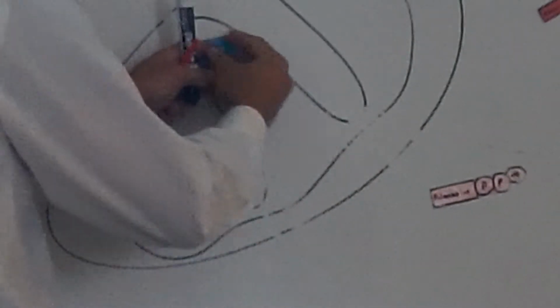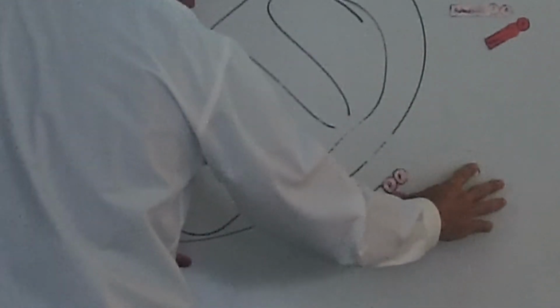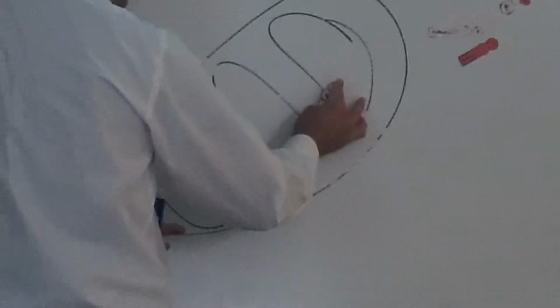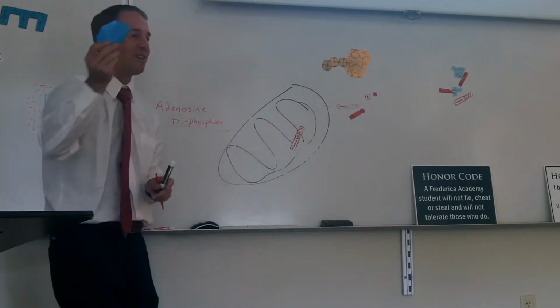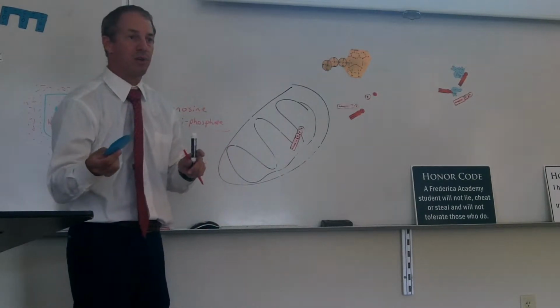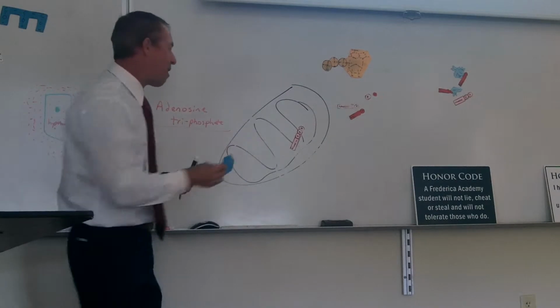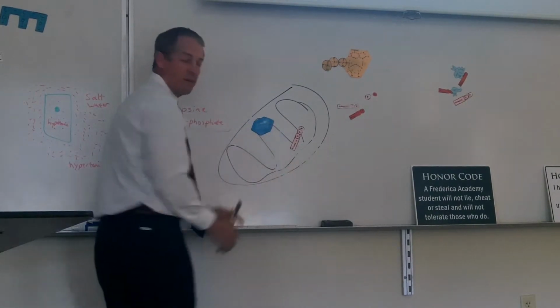So this molecule is broken apart and you can't see it anymore, and the energy comes out of it, and ADP and P are put together using the energy from the breakdown of glucose. We call that a coupled reaction. We got two reactions going on here. The breakdown of glucose is one of the reactions.